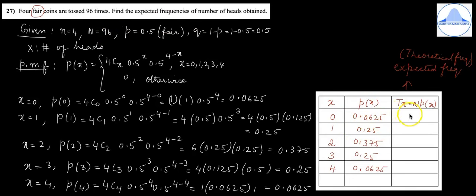So you will get 6. Then 0.25 into 96 will be 24. 0.375 into 96 will give us 36. Then next is 24 and 6. So when you add up this column, you will get 96, which is same as our capital N.